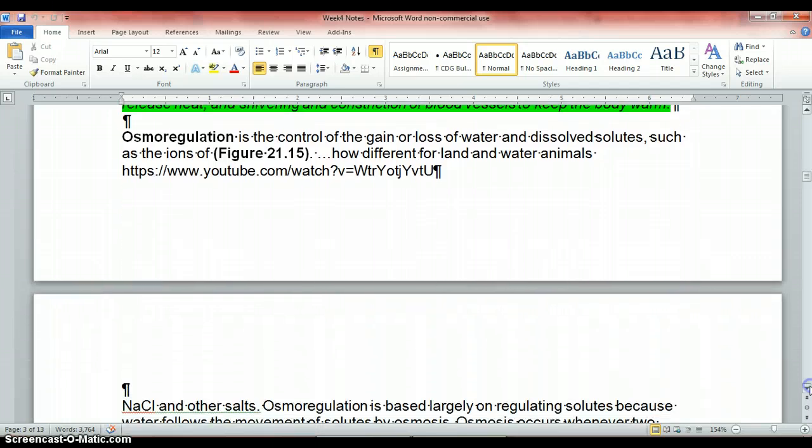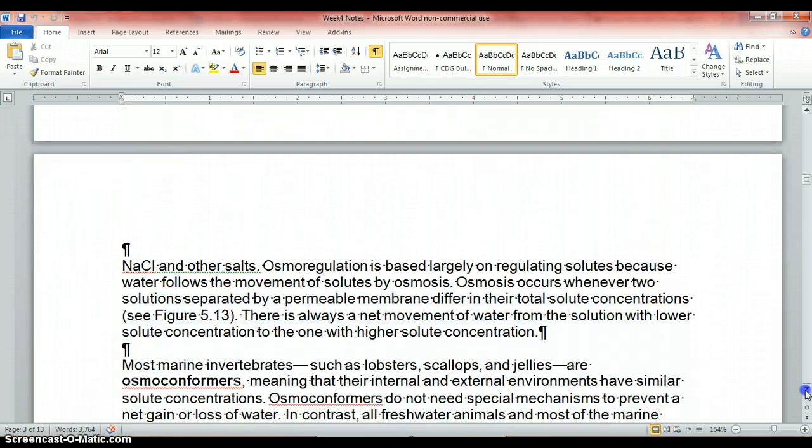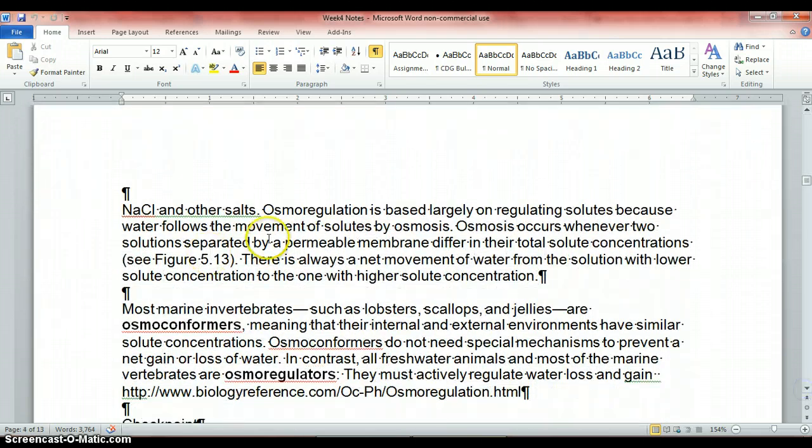What about osmoregulation? This is the control of the gain or loss of water and dissolved solutes. So would this be more important for land animals or water animals? Fresh, salt, think about who we're talking about, who might really find this useful. Some of the salts are table salt, NaCl.